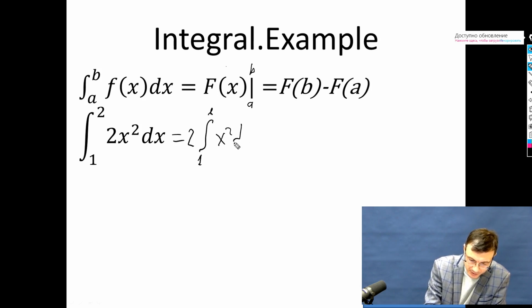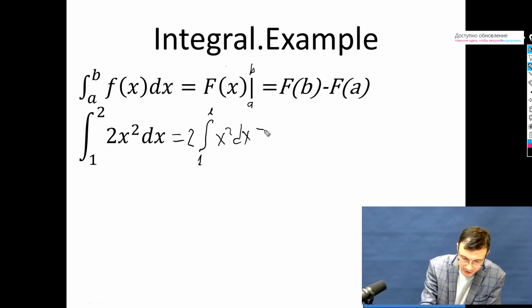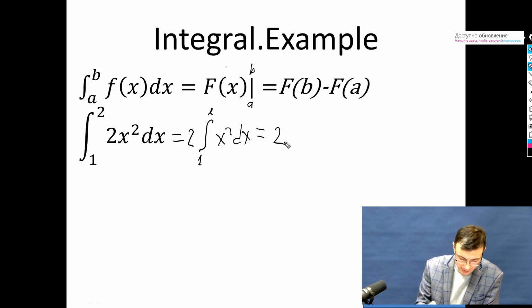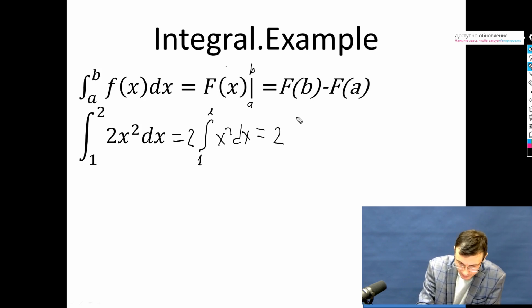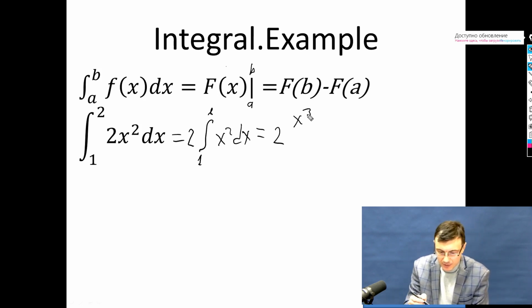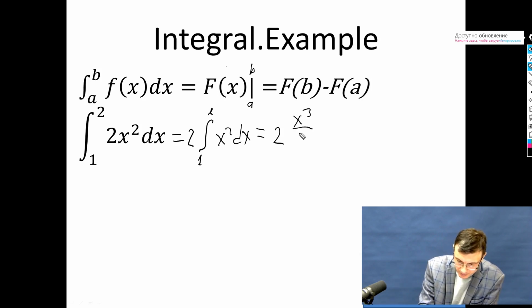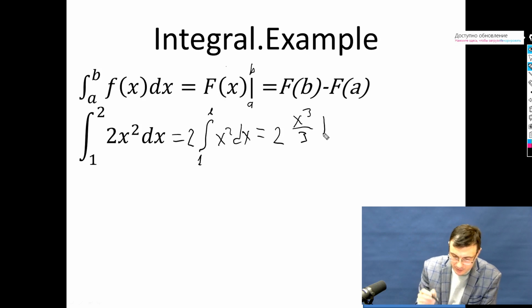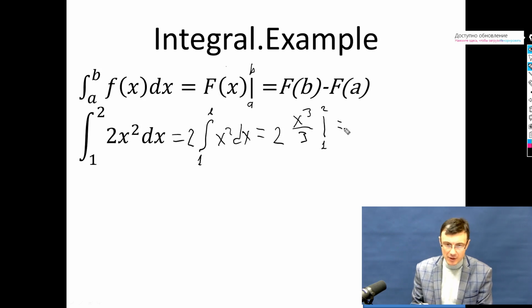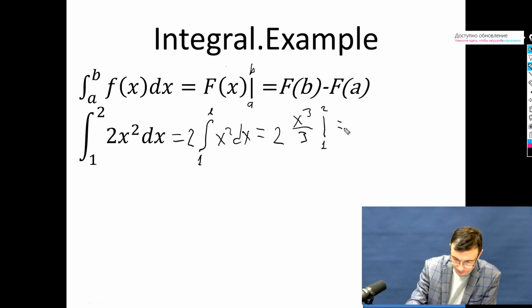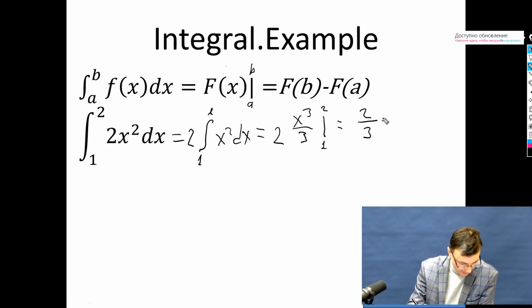And then, as was shown in the previous part, we put in the bounds like that and that, and calculate all of this for 2 by 3.